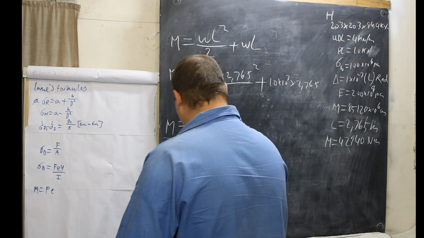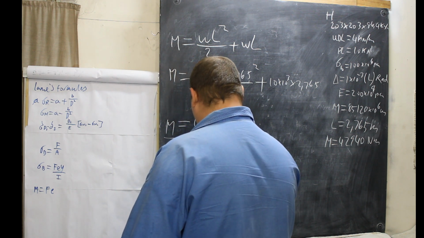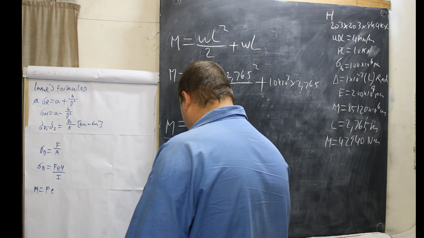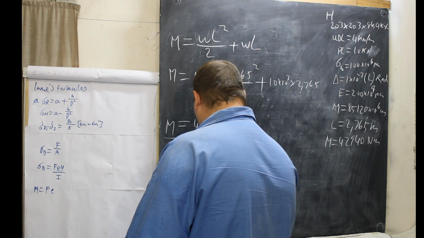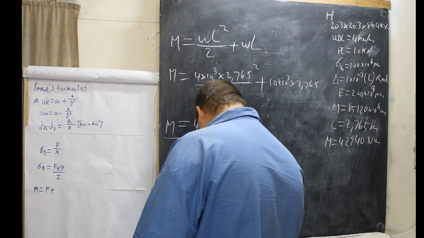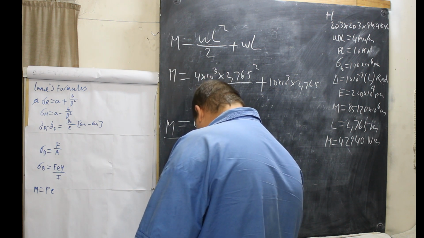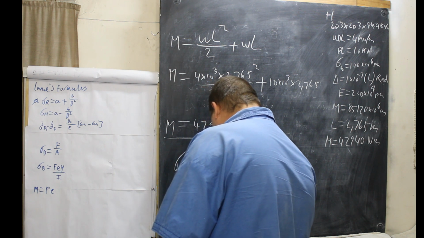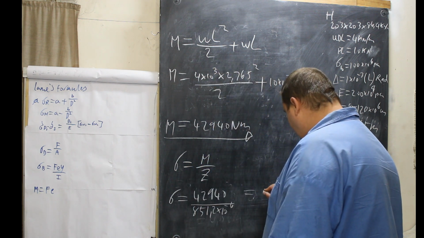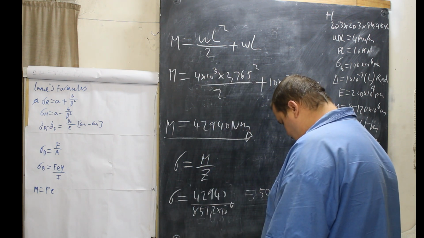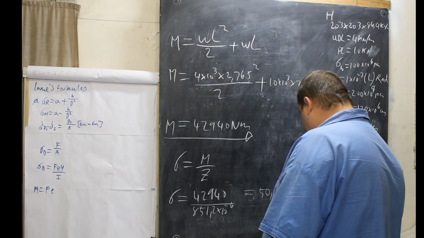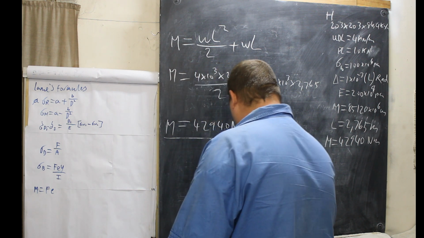So stress equals M over Z equals 42940 over 851,2 times 10 to the minus 6 equals 50,447 megapascals.